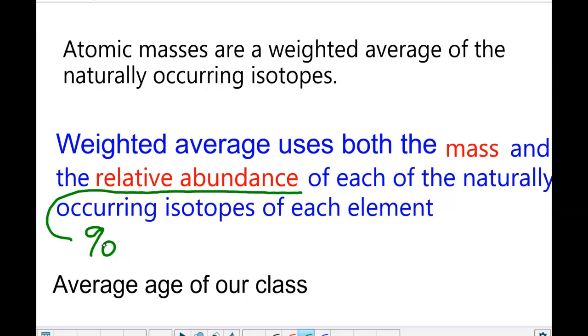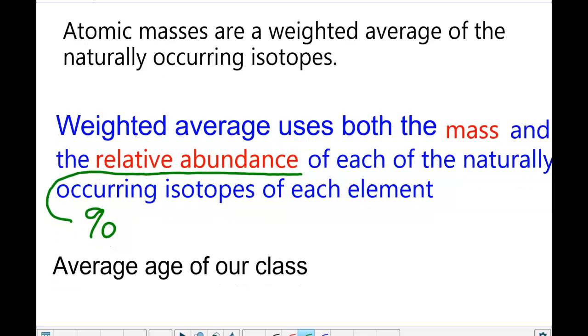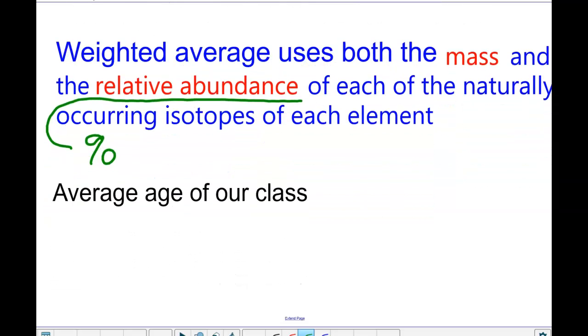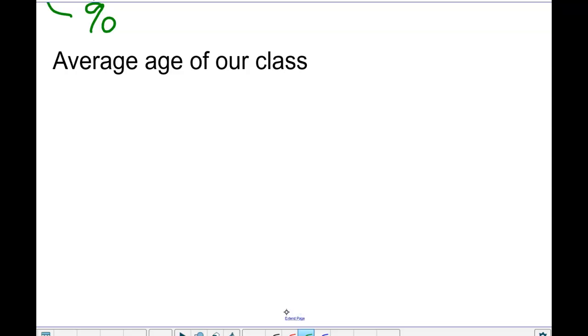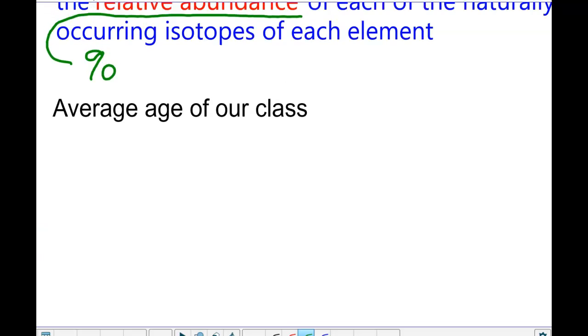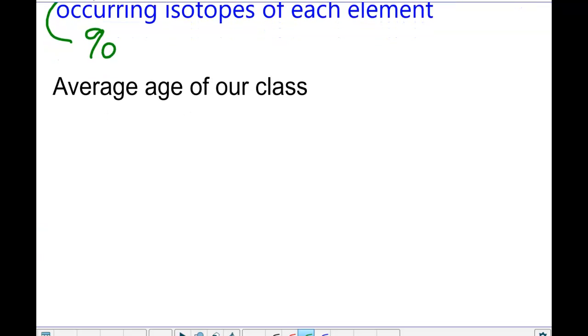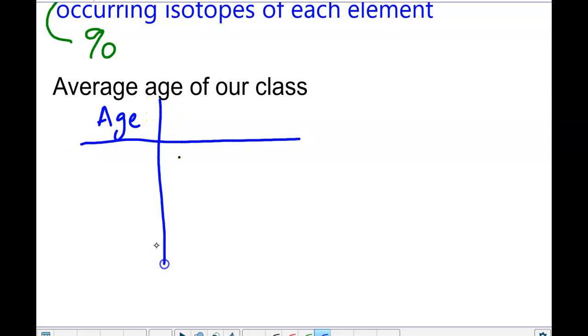right? So let's say that we wanted to figure out the average age of our class, all right? Now, let's say that I surveyed the class and kids are either, I'm going to make a little T table here. Kids are either 14, 15, or 16 years old.